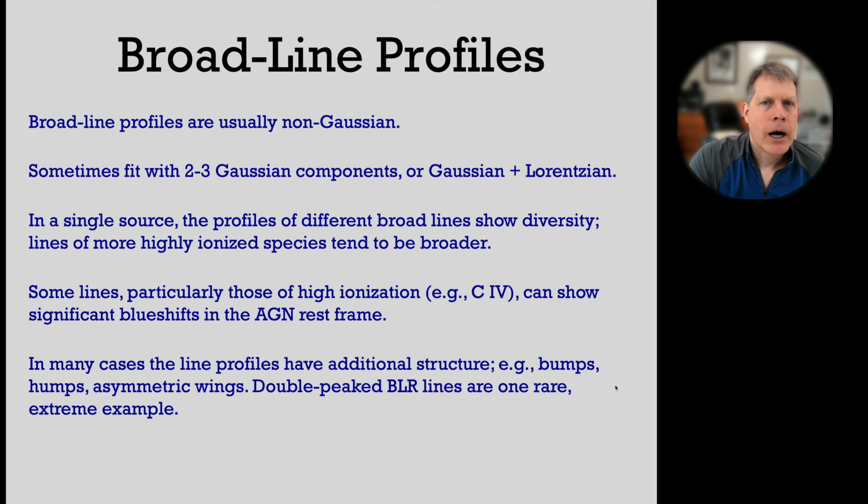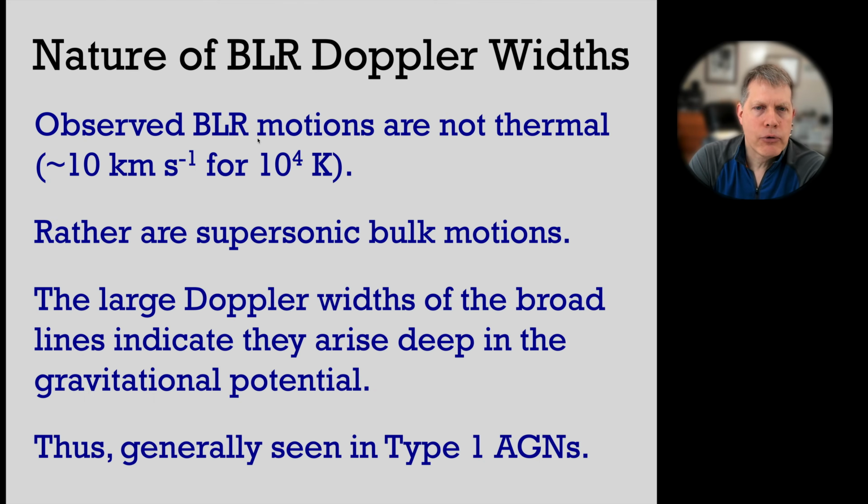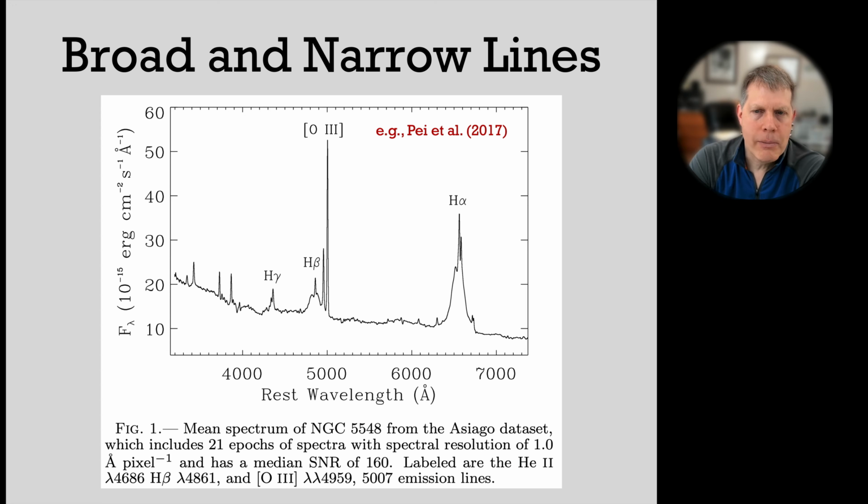Okay. A couple of other points. So if you look at the profiles of the broad lines, they are usually non-Gaussian. Okay, the line profiles, as shown back here, for example, are not well fit once you subtract out the narrow line component. Generally they're not well fit with just a simple Gaussian component.